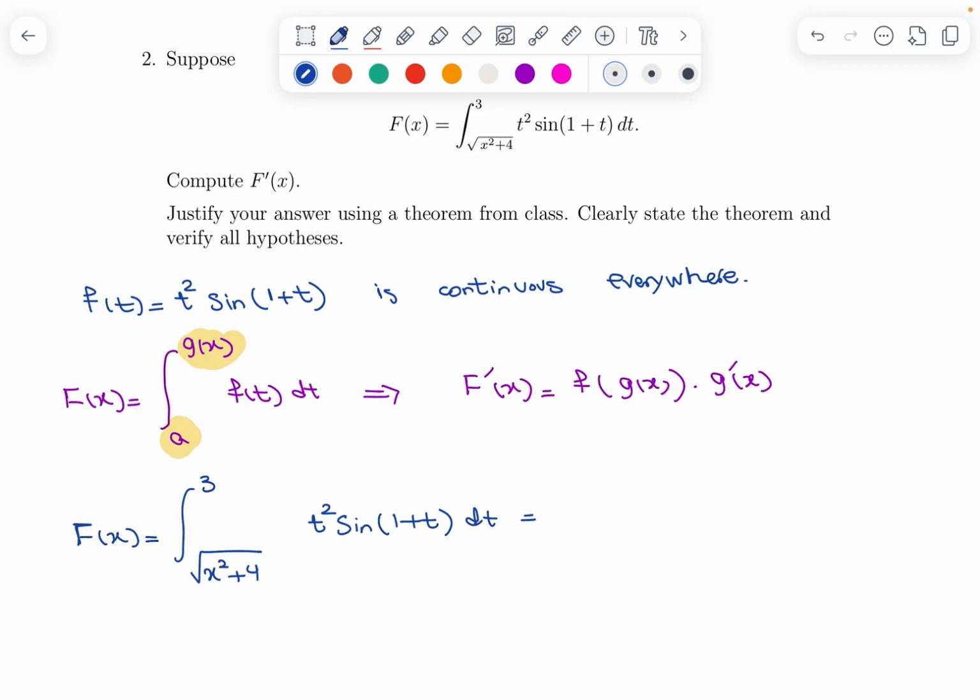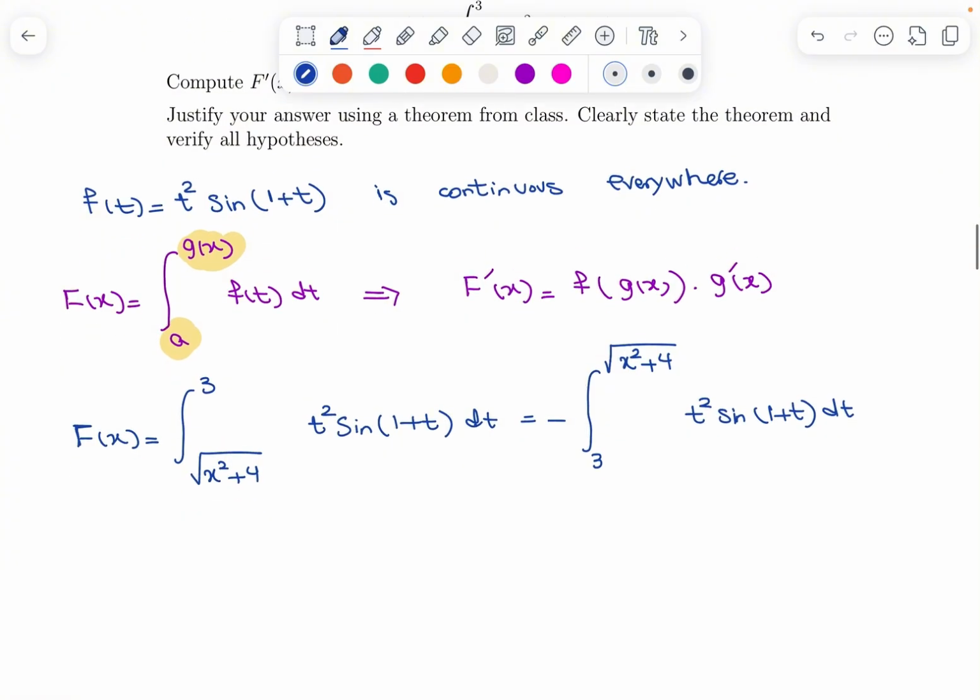So therefore, if you are going to use this formula, you need to make sure the lower bound is a number and the upper bound is a function. Therefore, by using the property of integrals, you can change the bounds and make the integral negative. So therefore, this integral would be negative integral from 3 to square root of x squared plus 4 of t squared sine of 1 plus t dt. So therefore, capital F prime of x would be negative.